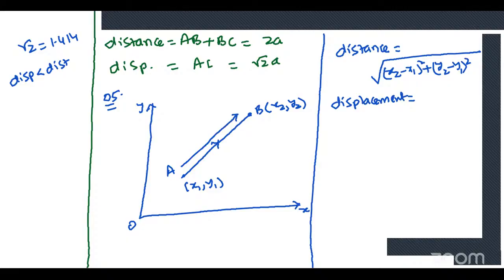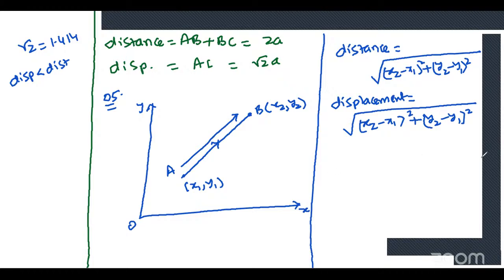So displacement will also be the square root of (x2 minus x1) whole square plus (y2 minus y1) whole square.